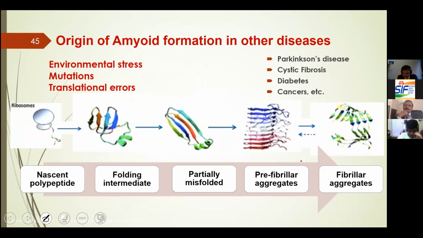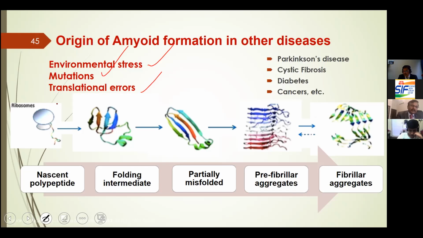Now, I told you that misfolding of proteins is a problem. And I also told you there are many other diseases where misfolding of proteins leads to disease. What can cause this misfolding of proteins? Environmental stress is one, mutations in genes is another one, and then errors in how these genes are ultimately converted to proteins, called translational errors, is another reason.